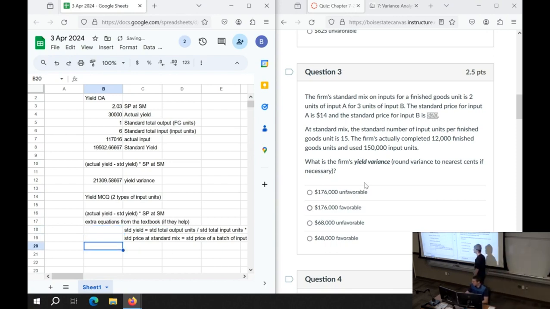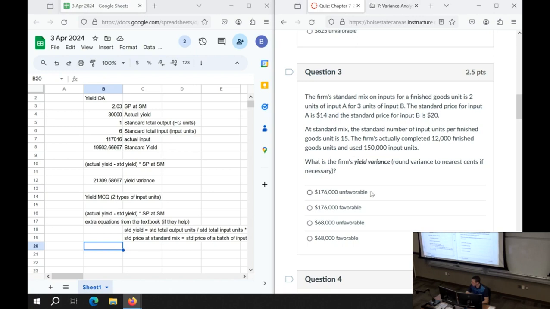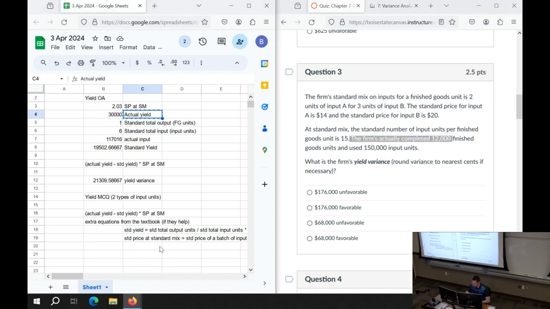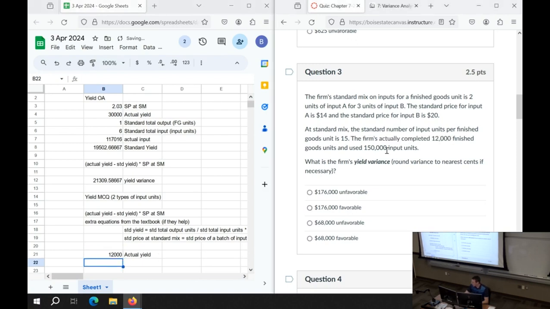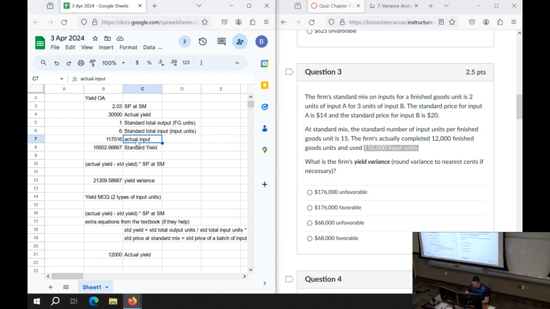All right, so we're looking for yield variance. We know that from the question stem. And we know our actual yield is 12,000 finished goods units. Actual yield, 12,000 finished goods units. And it looks like we have our actual total input units of 150,000.